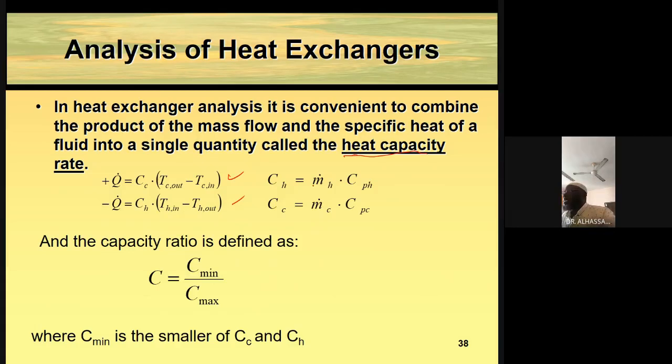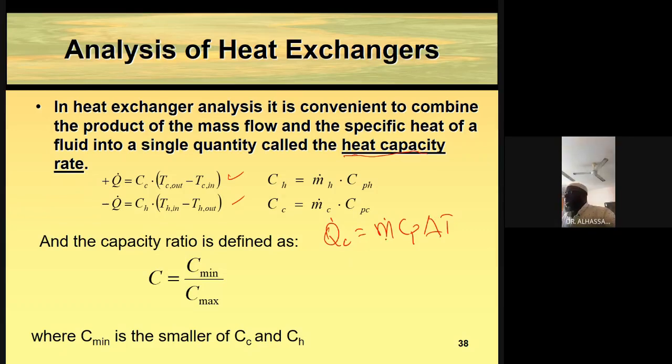Originally we have Qc equals m Cp times delta T. Sorry, my delta T is T cold out minus T cold in.